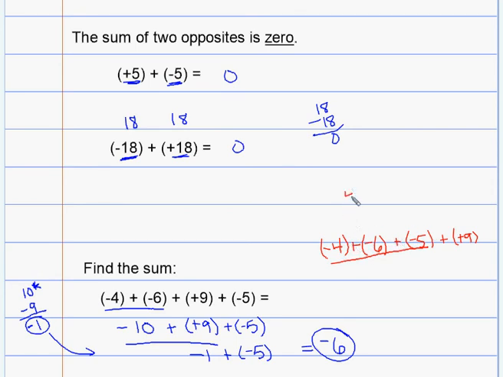So 4 plus 6 plus 5 is 15, but the sign was negative, so that's negative 15 plus that positive 9. So you would subtract those values. 15 minus 9 is 6, and the 15 is the larger absolute value, so you keep that sign.